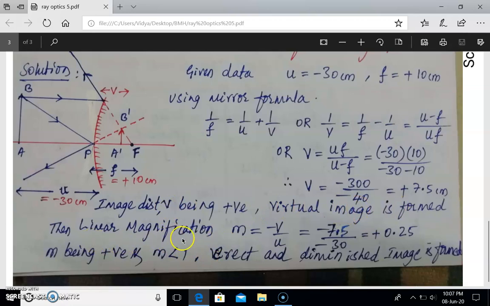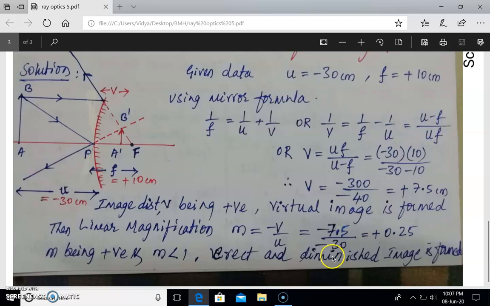Then linear magnification, M is minus V by U. So already U we know and V we have calculated, taking the ratio of image distance to the object distance, minus of 7.5 by minus 30, which equals plus 0.25. So here linear magnification M being positive, erect image is formed, and linear magnification M being less than 1, a diminished image is formed.